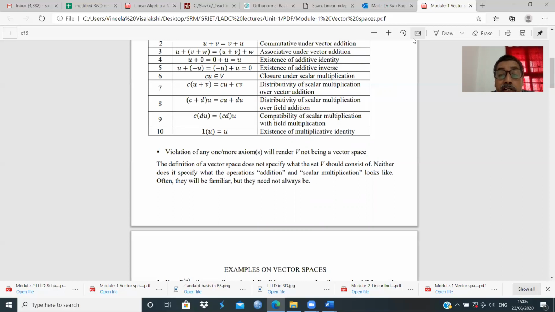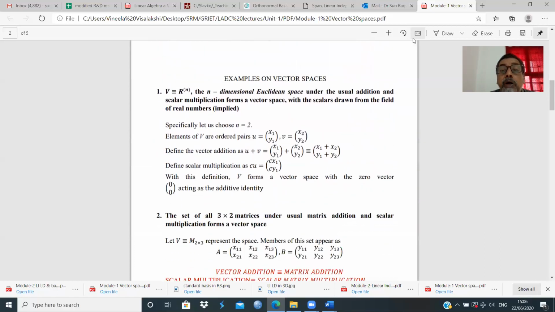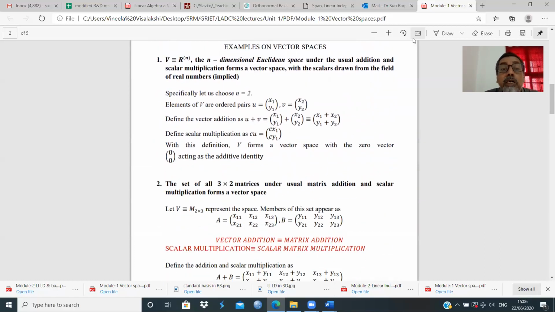Similarly, vector addition may not actually mean addition in some examples. They can be other mathematical operations. Similarly, scalar multiplication can also be defined in different ways. So one should not get carried away by vector addition as simple addition and scalar multiplication as the common scalar multiplication. Examples will reveal how one must think about operating this.